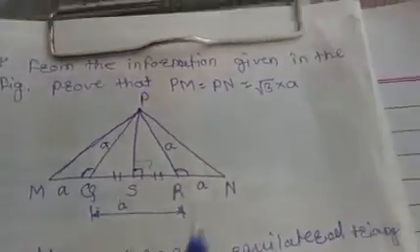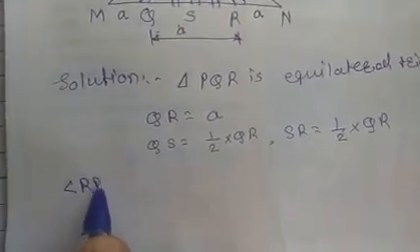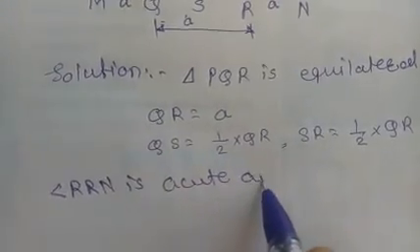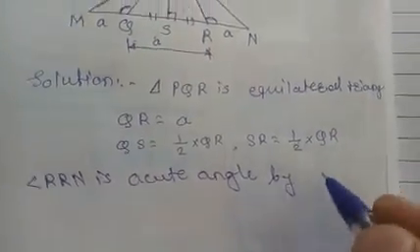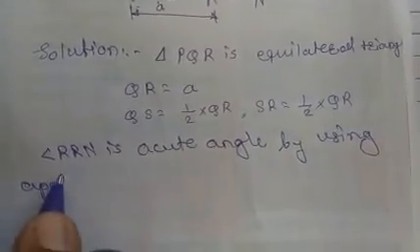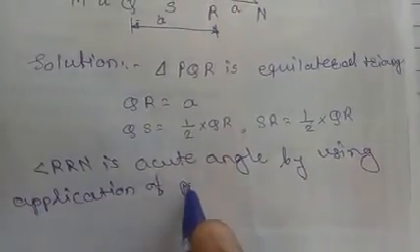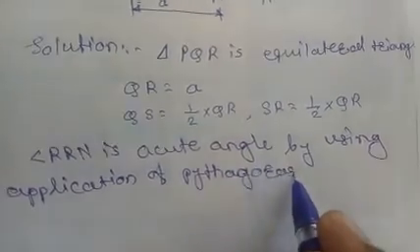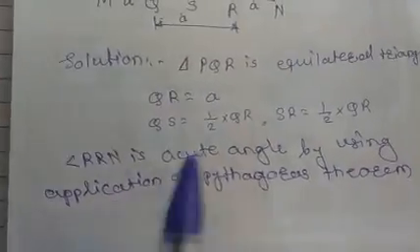Now we are going to consider triangle PRN. Angle PRN is an acute angle, and by using the application of Pythagoras theorem, we know very well the formula for an acute angle.